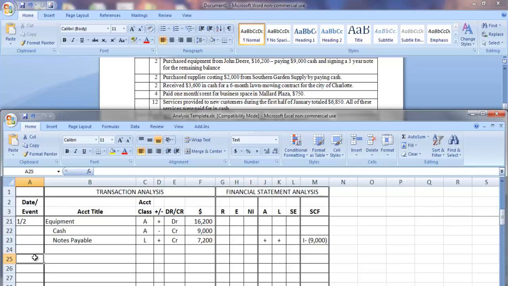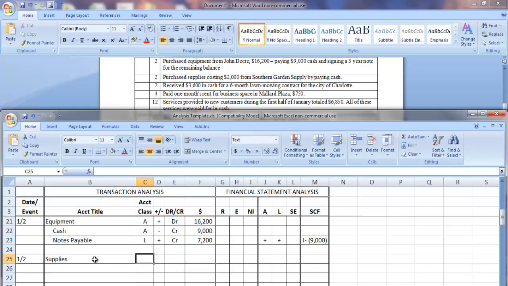Moving on to the next transaction, one more time on January 2nd. Purchase supplies costing $2,000 from Southern Garden Supply by paying cash. If we choose to try to break this up a little bit, first part of this transaction reads, purchase supplies costing $2,000. What kind of account is supplies?